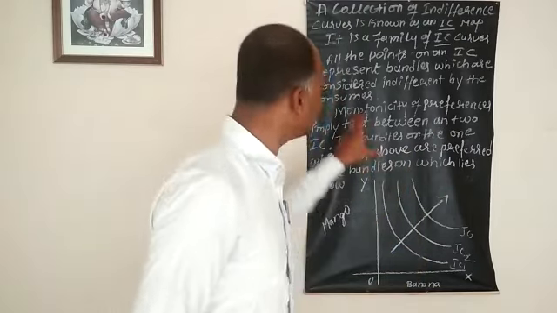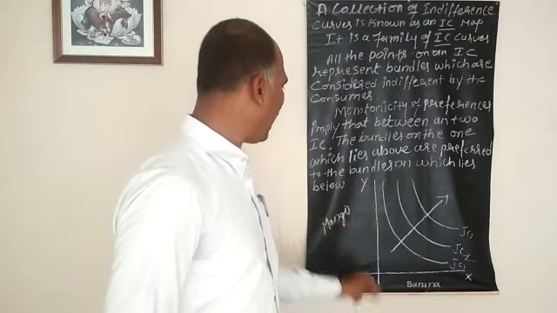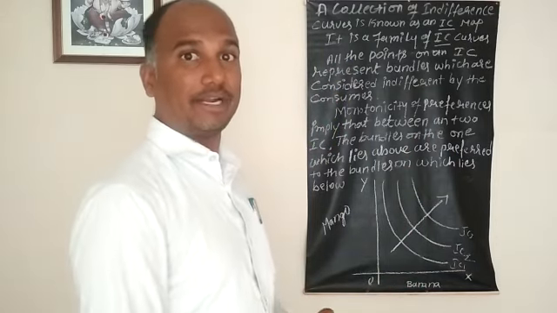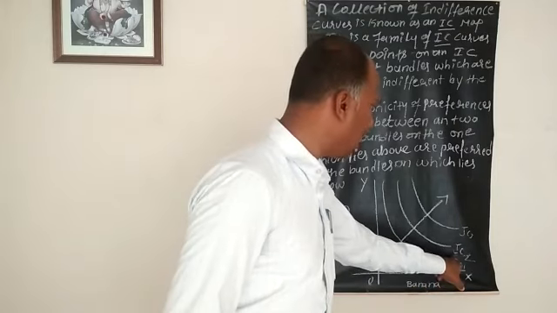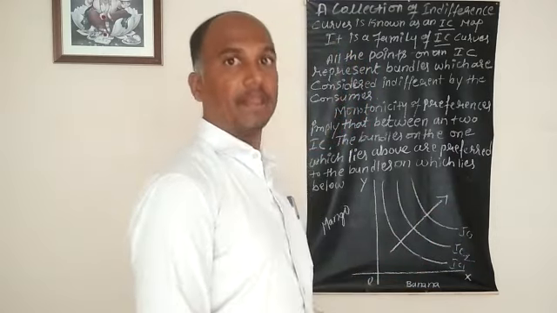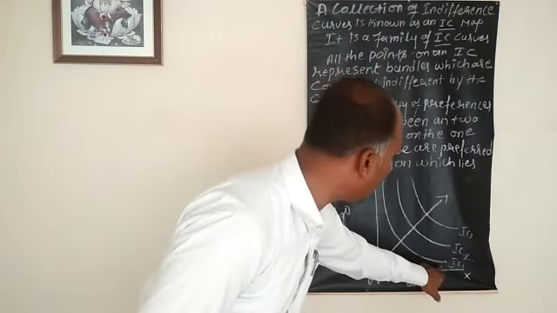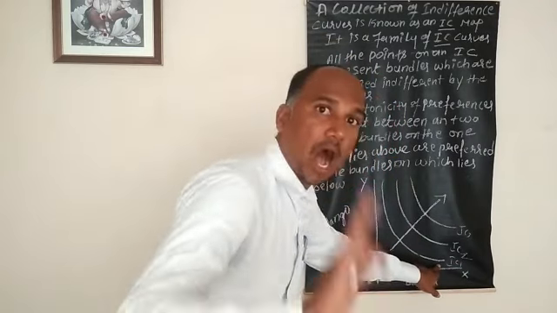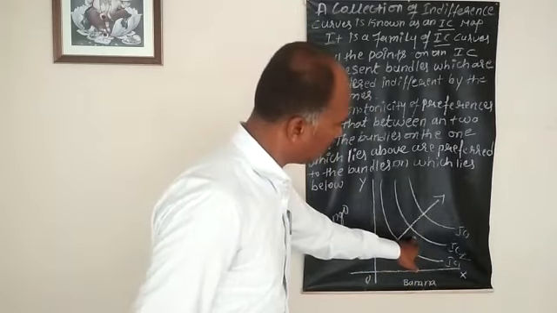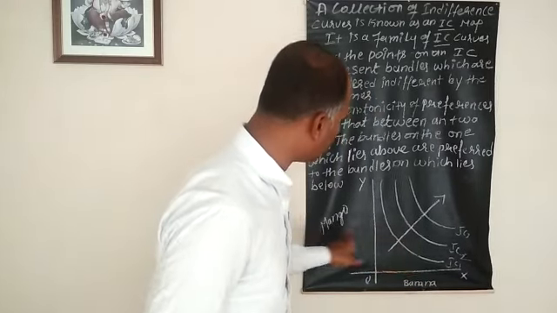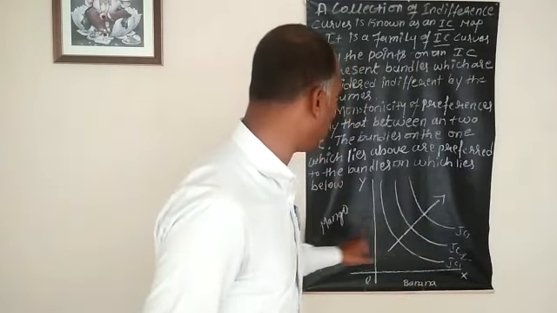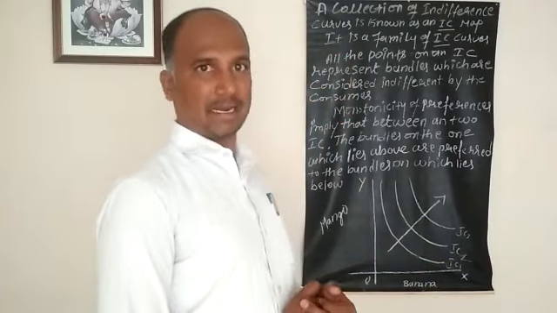Let's understand this statement with a diagram. On the OY axis mangoes are measured, on the OX axis bananas are measured. There are three important indifference curves: IC1, IC2, IC3. Indifference curve 1, indifference curve 2, indifference curve 3. IC1 also has combinations of mango and banana. Similarly, IC2 also has combinations of mango and banana. IC3 also has the same combinations of mangoes and bananas.